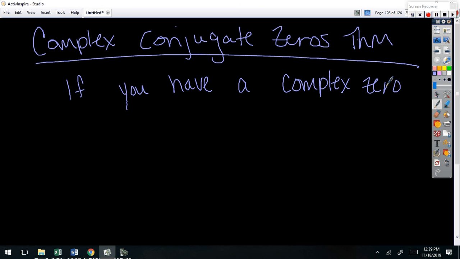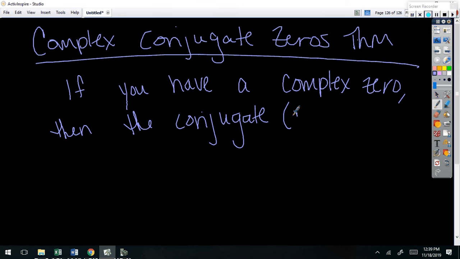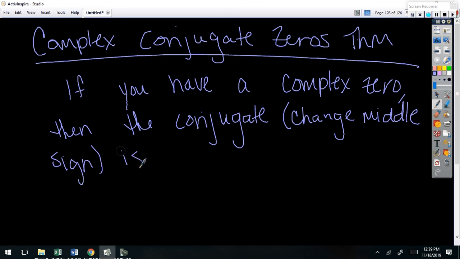so a real number with an imaginary number, or even just an imaginary number with zero being the real part. If you have a complex zero, then the conjugate, and I'm going to put in parentheses, change middle sign, is also a zero.